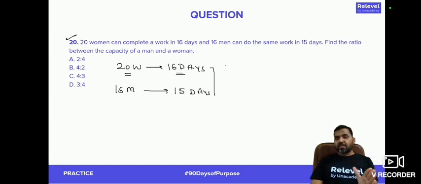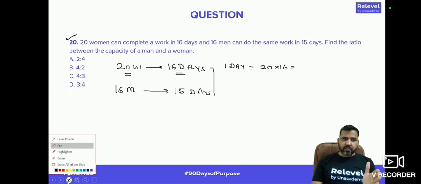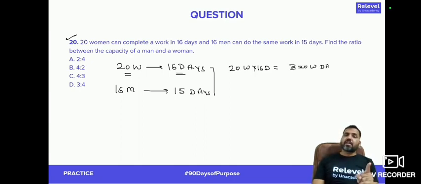So the total amount of work required to finish the given work would be 20 women working for 16 days. That means a total of 320 women days of work is required to finish the whole work.